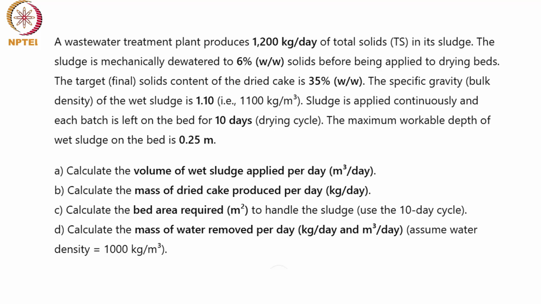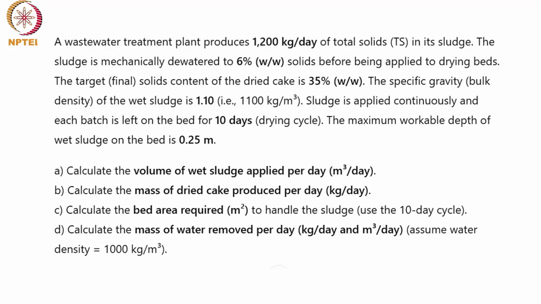The sludge drying cycle is equal to 10 days. The maximum workable depth of wet sludge is 0.25 meters. So the depth of sludge is equal to 0.25 meters.